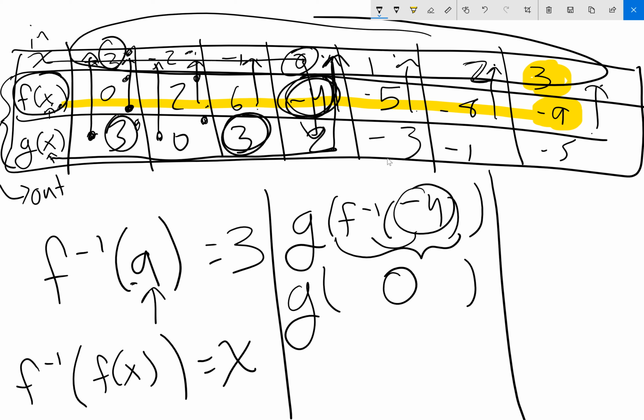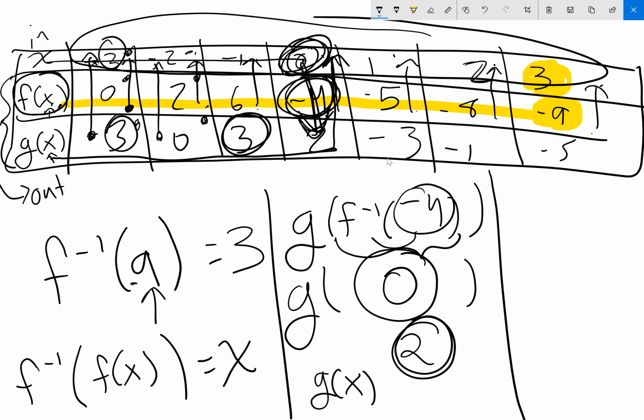What's g of 0? Now we're looking at the normal function g of x, right? So when x is 0, right here, what is g of x? It's hard to see with all my scribbles, but that's a 2. So g of f inverse of -4 is 2.